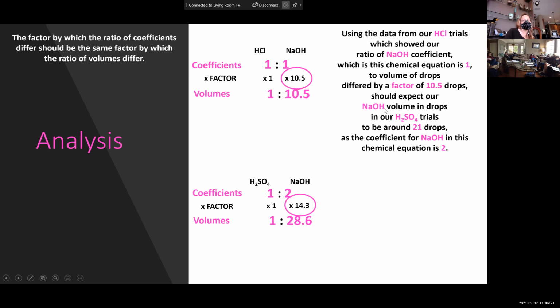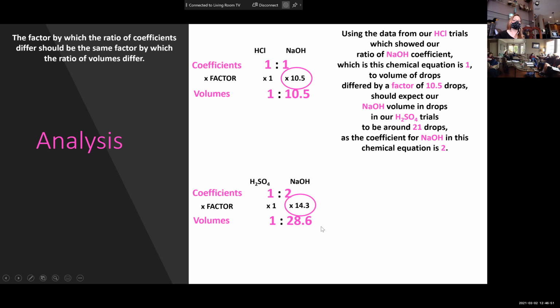We should expect our volume of sodium hydroxide here to be around 21 drops, because if it takes 10.5 drops of hydroxide to neutralize this hydronium, then you should expect this to be 10.5 too. And if this was 10.5, then we wouldn't see 28.6, we would see 21, because your coefficient is 2.